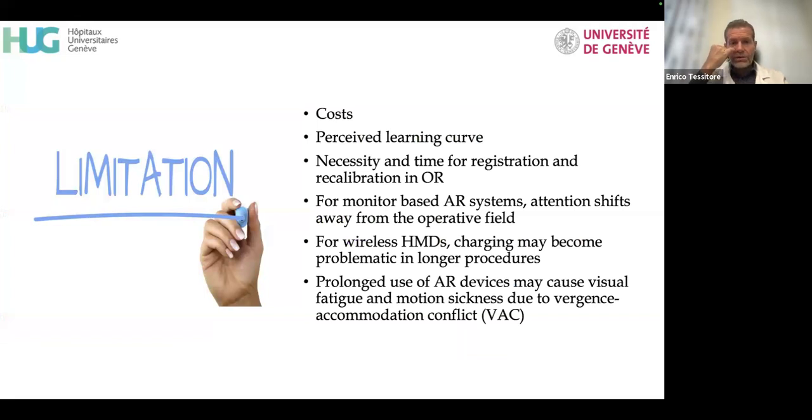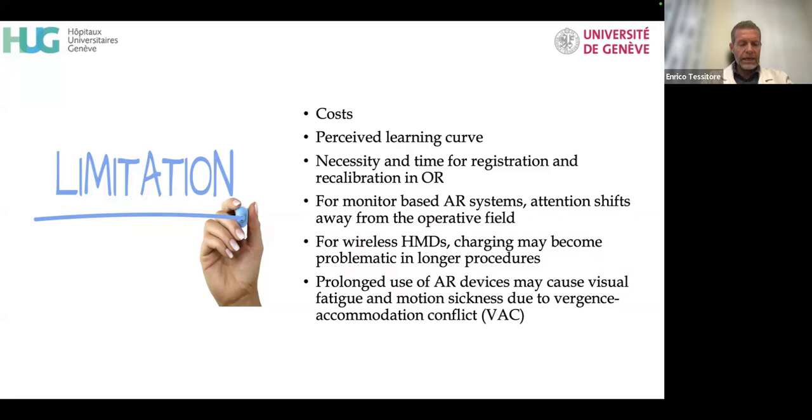So I'm approaching the last 2 slides. There are some limitations in the implementation of this technology. The first, of course, is the cost. This technology is nowadays, unfortunately, still very expensive. We do have it available here in our hospital, and in many hospitals, I would say, in central Europe, but it is not available in all centers.